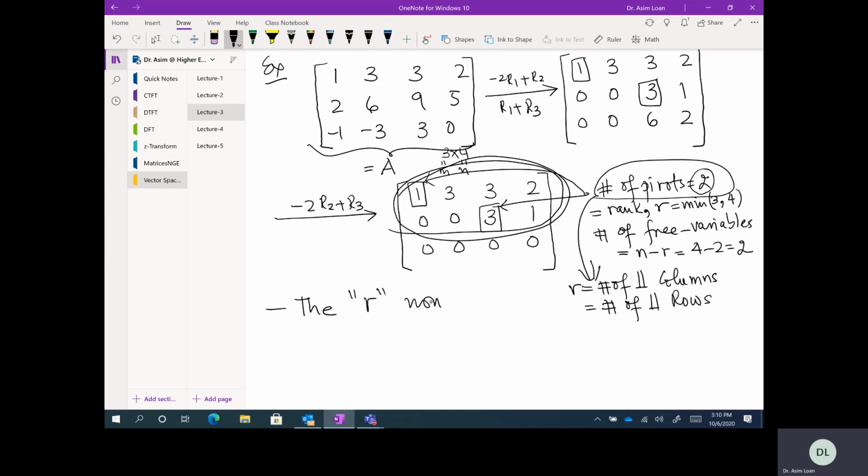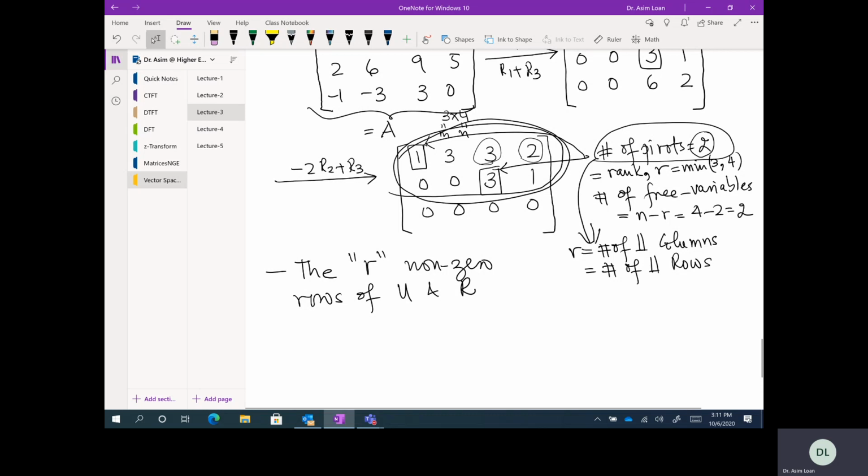So the R non-zero rows of U, because when we do reduced row echelon form, only this element is going to change and this element is going to change. Everything else is the same. The row is still going to be non-zero. It's not going to be a zero row.